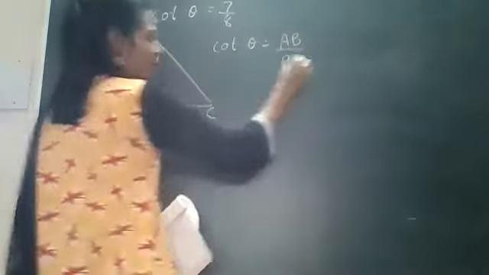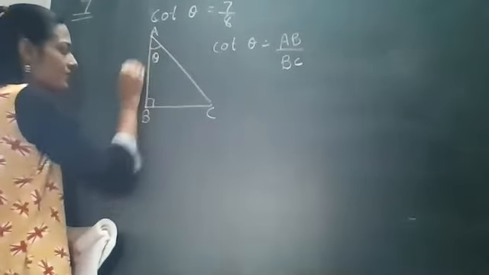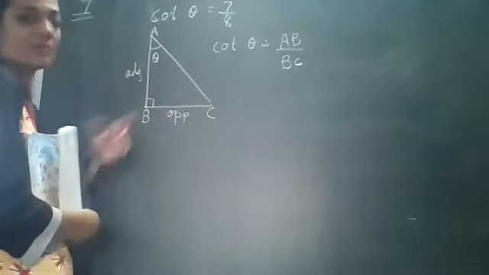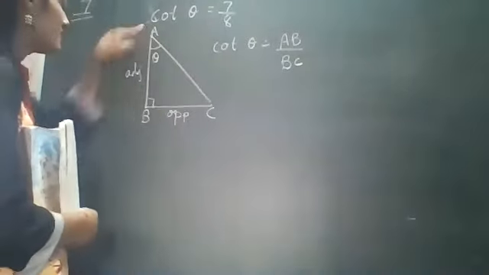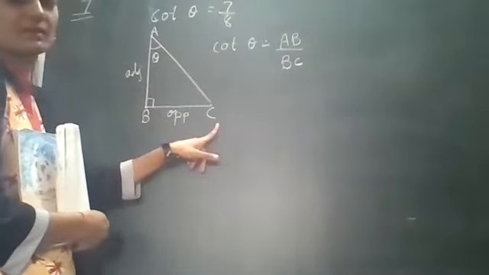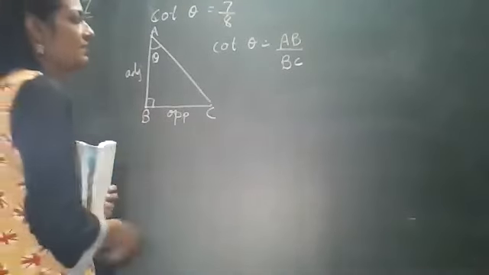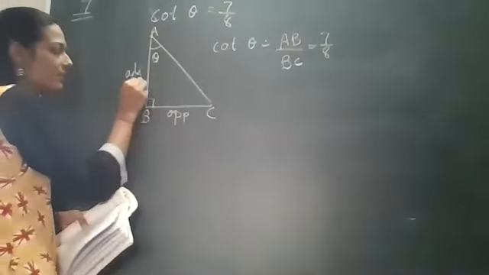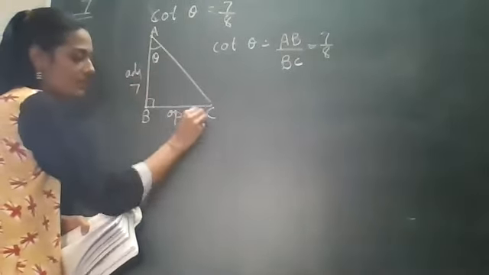Adjacent upon opposite. From this theta, this will be the adjacent side and this will be the opposite side. So cot theta is equal to adjacent side upon opposite side, right? And it is given as 7 upon 8. So the adjacent side will be 7 and the opposite side will be 8.